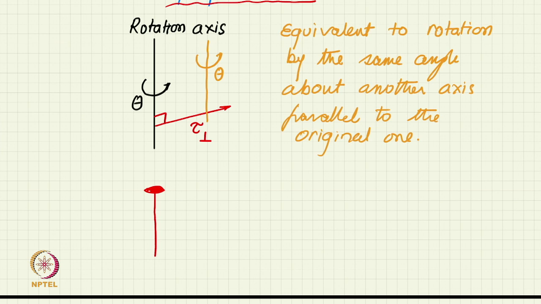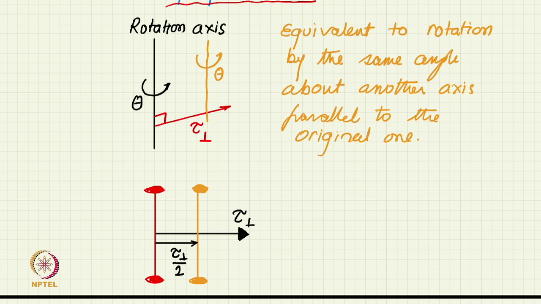If we have a two-fold axis in a space and I combine it with a translation which is perpendicular to the two-fold axis, then we know in plane groups we have seen this, and it will also be true for a space group, that this results in another two-fold axis which is parallel to the original one, but shifted from it by a vector t perpendicular by 2.